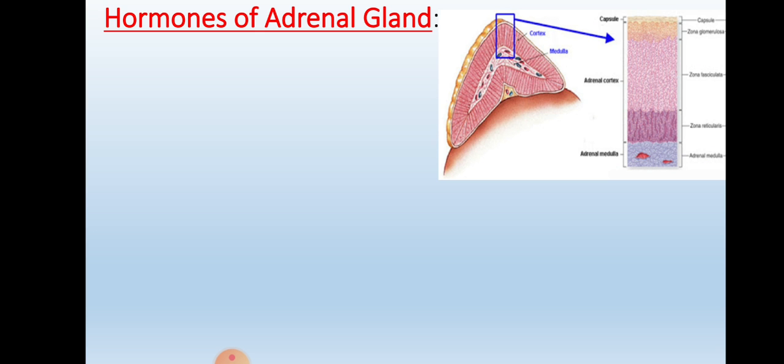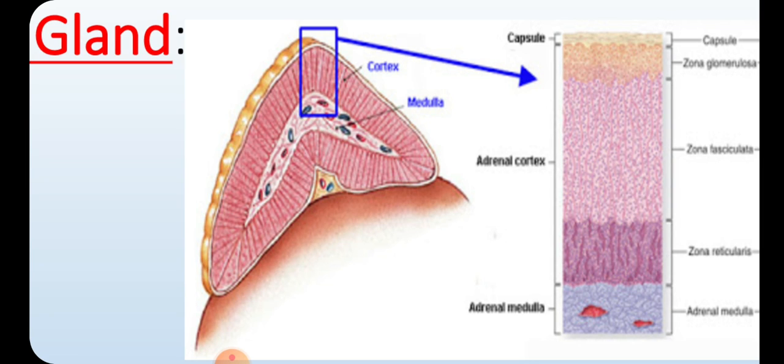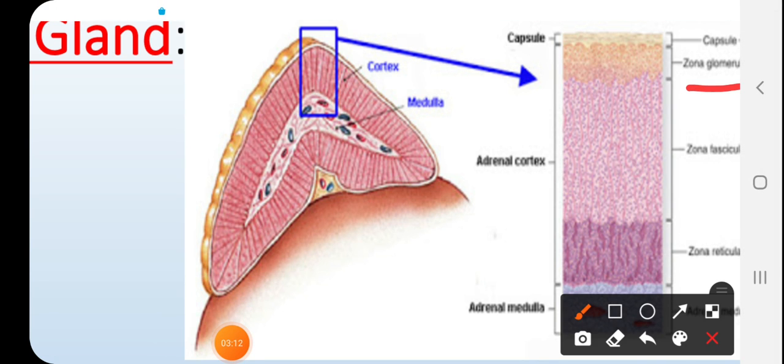Now in the adrenal gland, you can see the different layers. The adrenal cortex shows different layers. Outermost is the capsule. Here you can see the zona glomerulosa, the small short layer, then zona fasciculata, and then zona reticularis.